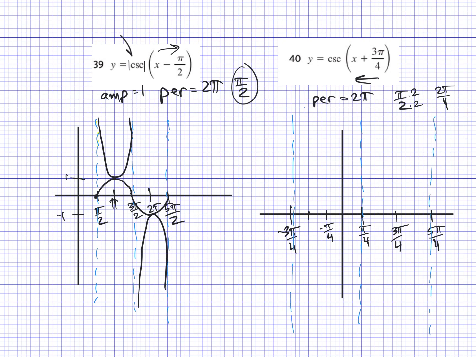And now we draw the cosecant without drawing the sine. Okay, our amplitude is 1. So let's see here, right there. And right here. There's your cosecant curve.